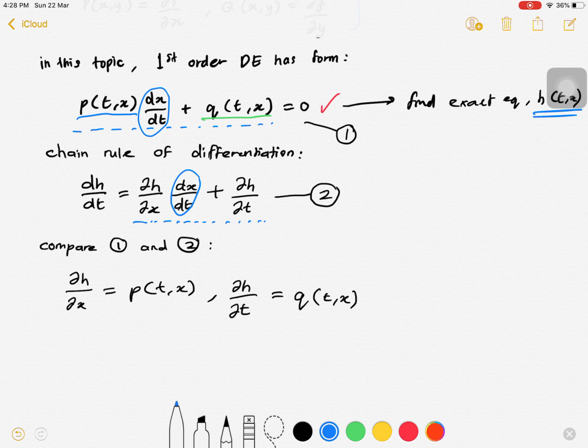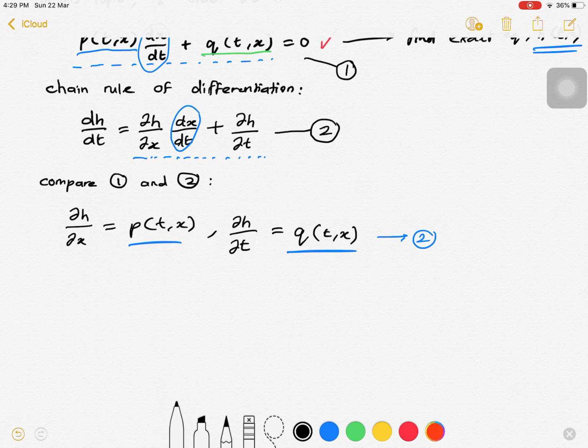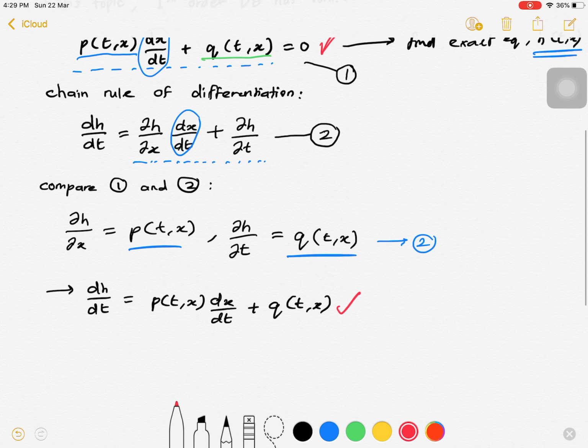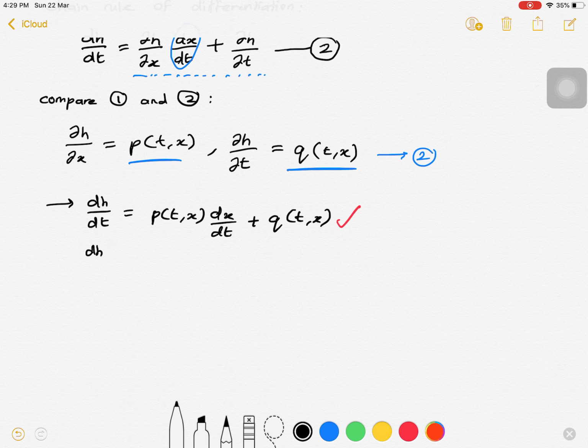And then we can put these two equations inside 2. So what we will have is dh dt is equal to p(t, x) dx dt plus q(t, x). And when we compare this equation with equation 1 right here, we know that dh dt is equal to 0.